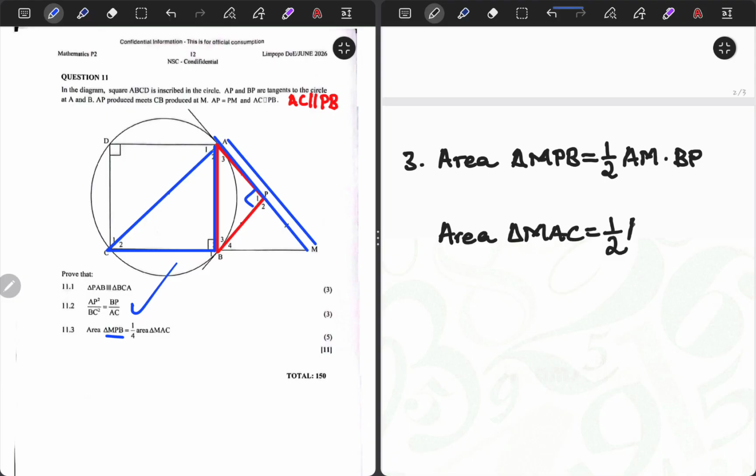Base will be AM again, because we understand here will be 90. Why 90? Because of semicircle. Multiplied by height, which is AC.